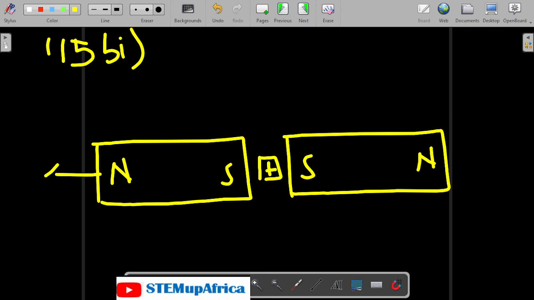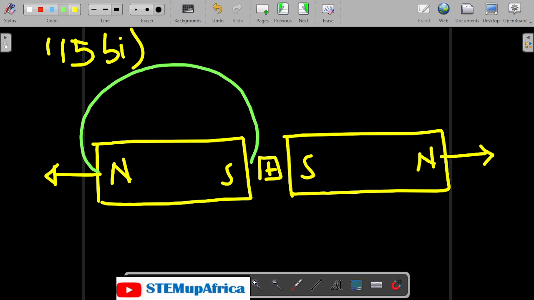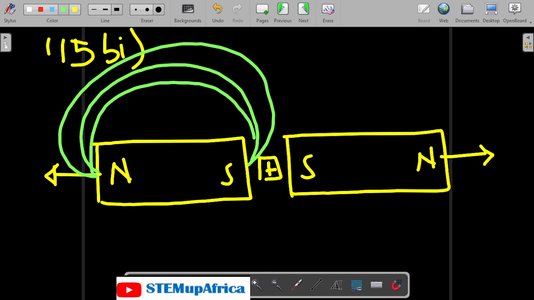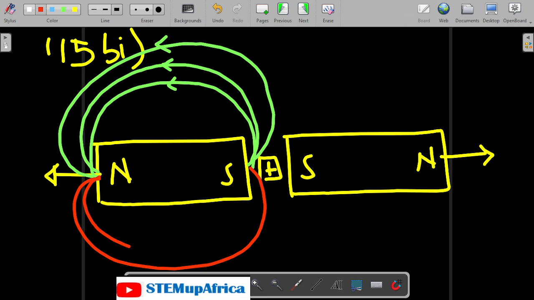Then you draw the magnetic lines of force. So we're going to have something like this. So the flow is going this way, or you also have it this way.